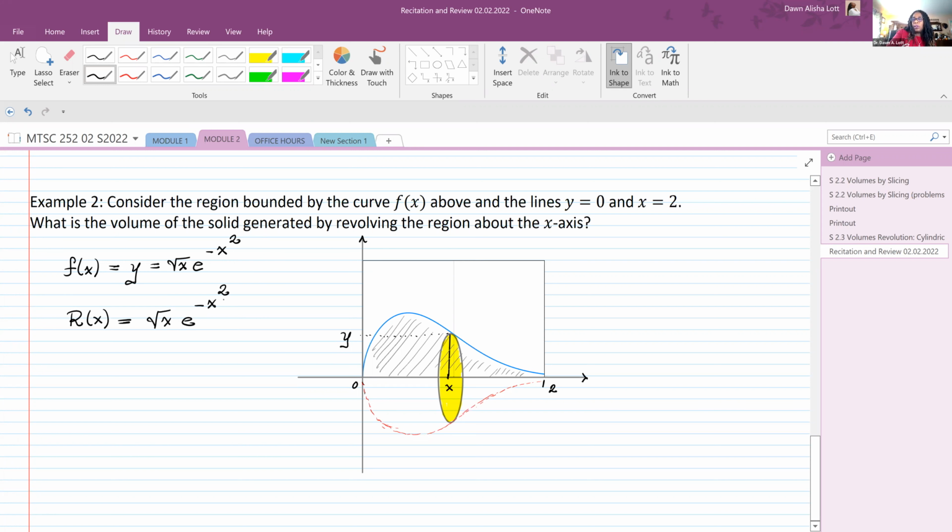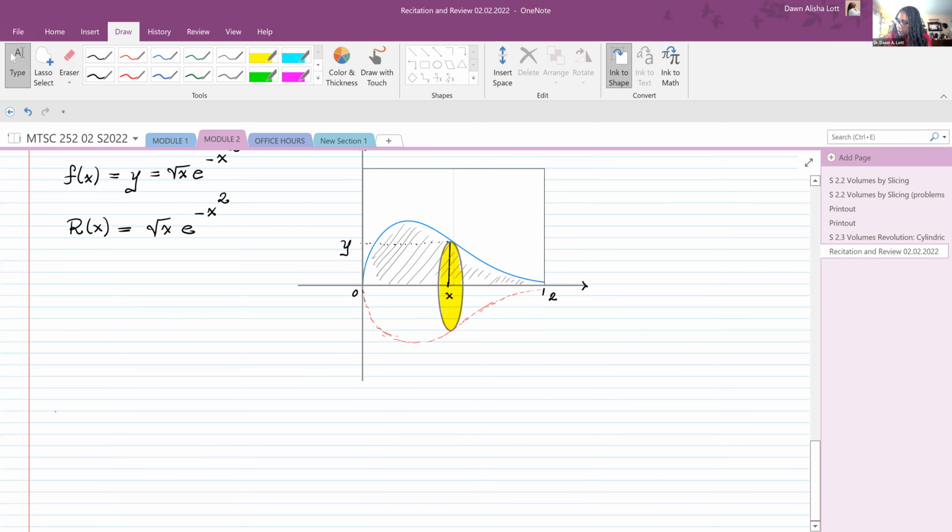Now, when we use the disk method, we get the volume, the integral from a to b of pi times the radius squared, that's the whole radius, dx.